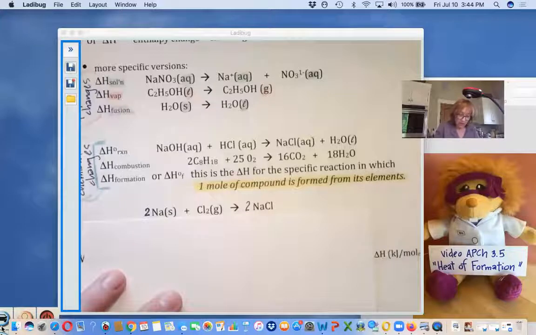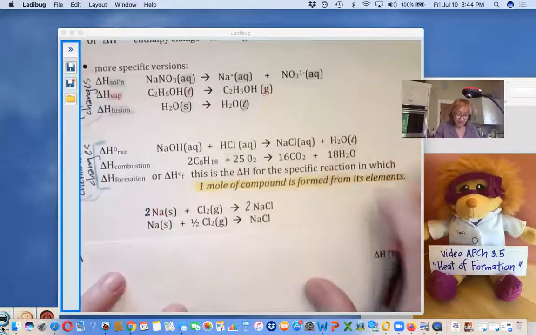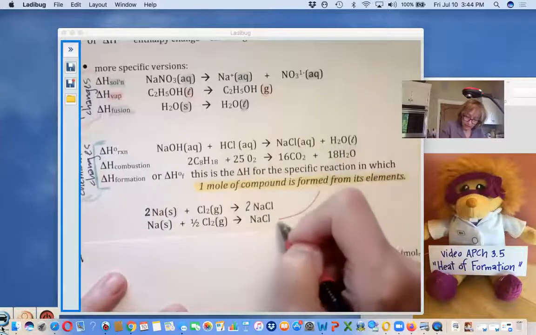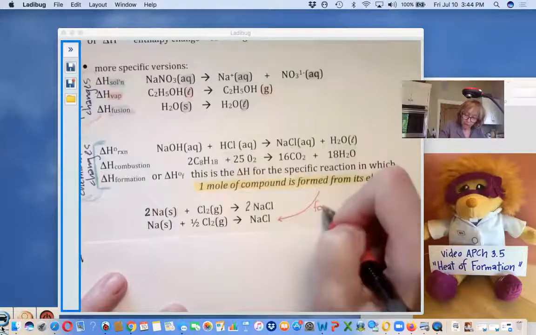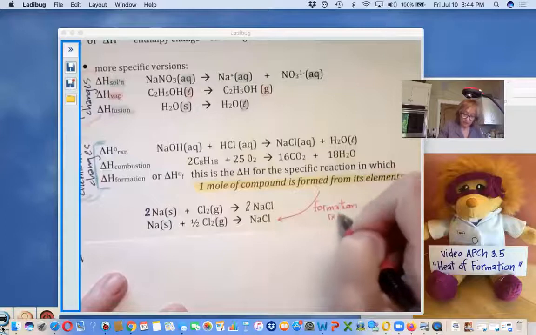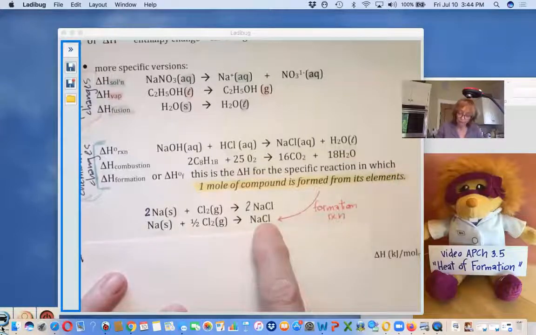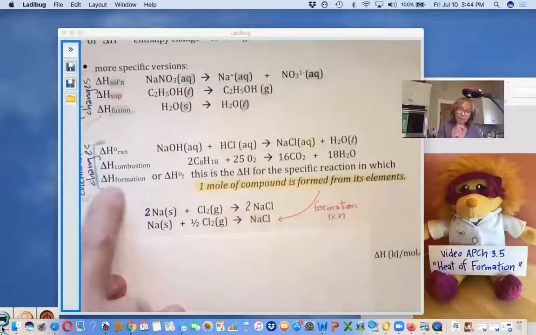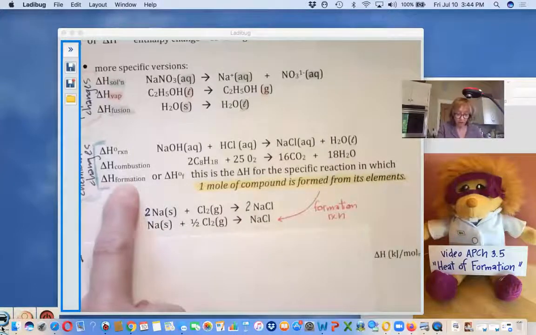So if I multiply through by 1/2, then I get this equation, and this is a formation reaction. This is the equation for a formation reaction, and if you measured the enthalpy change of this, then that specific kind of enthalpy of reaction is called heat of formation.